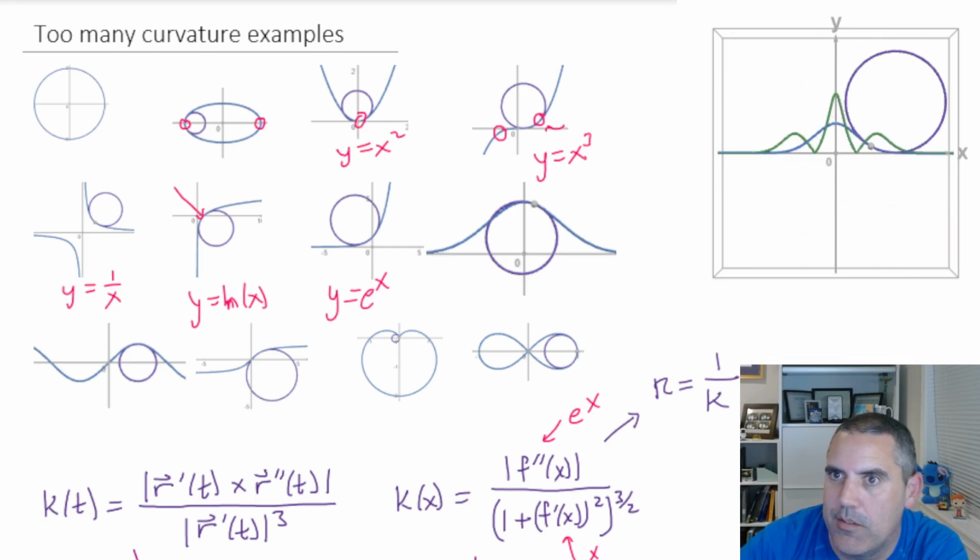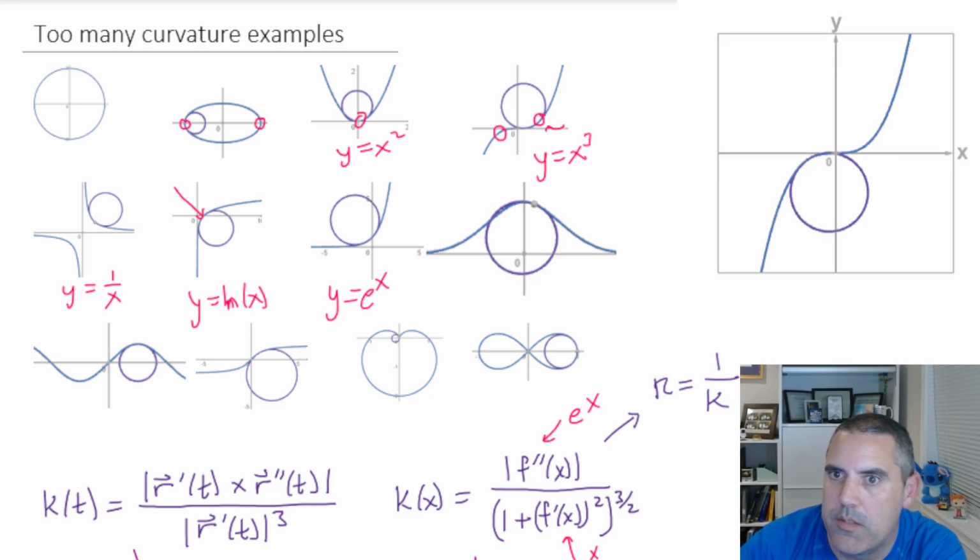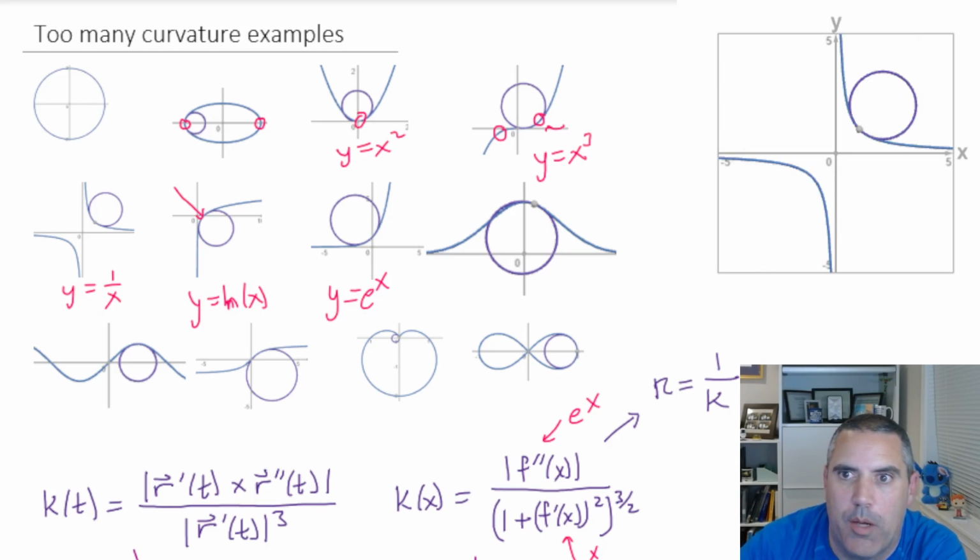And incidentally, I didn't do that for some of these other functions, but for e to the x, the curvature function looks like this. It's biggest right there. For this function, the curvature function looks like this. It's biggest at those 2 spots. So it's just another fact about my curve. The curvature is biggest at those 2 spots that maybe people haven't thought about before.